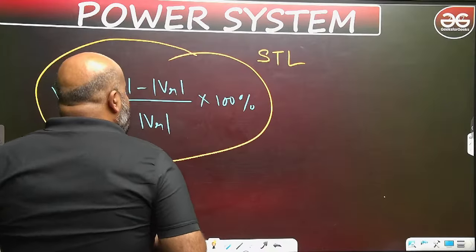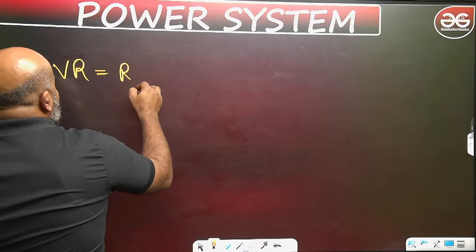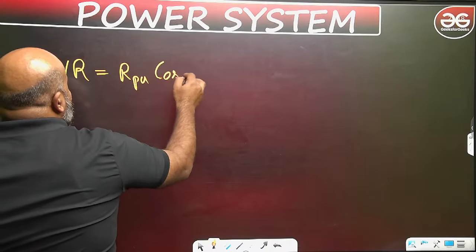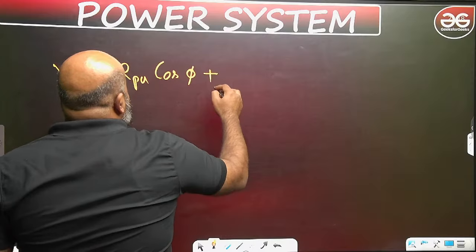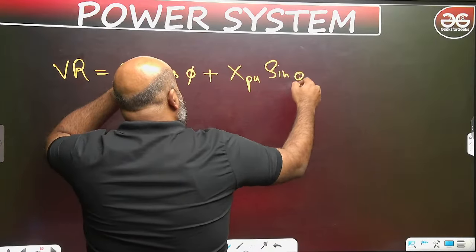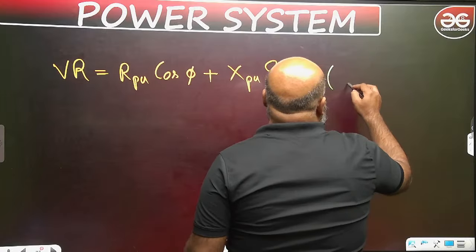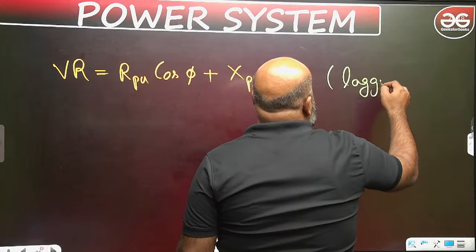But for your short transmission line, the formula we are generally using is R per unit cos phi plus X per unit sin phi. This formula we are using when there is a lagging load.